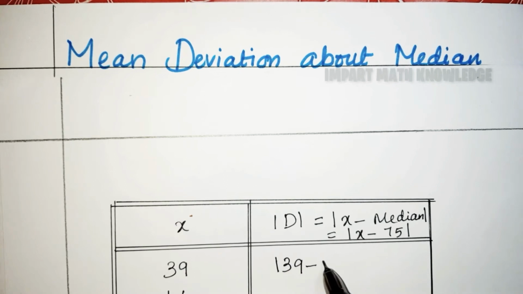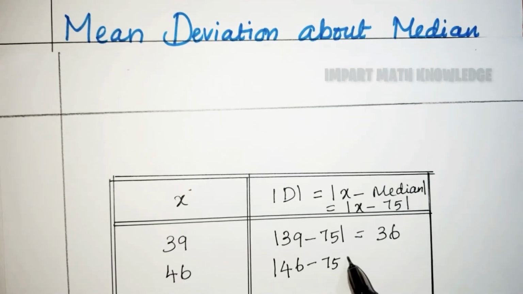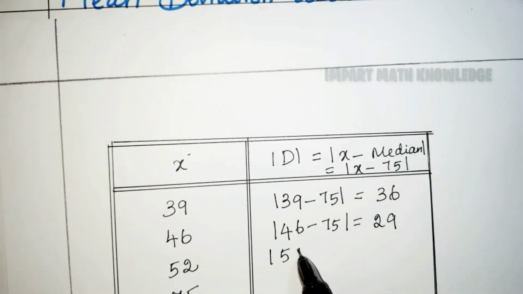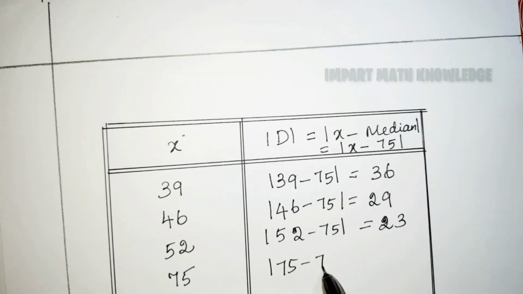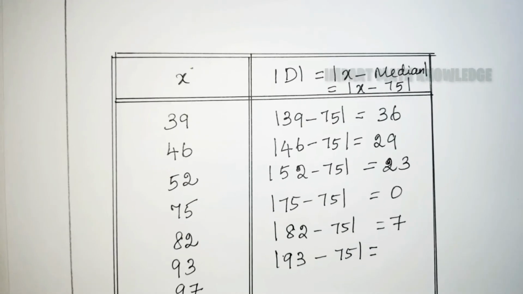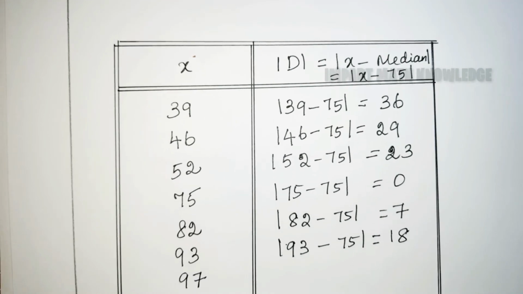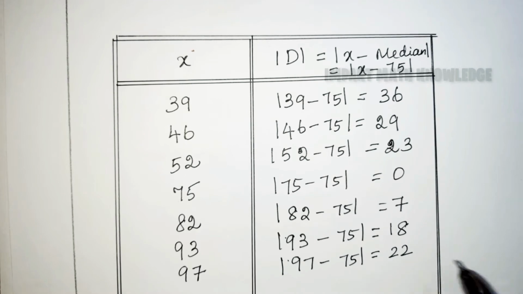Mod d is 39 minus 75. This is equal to 36. 46 minus 75 is equal to 29. 52 minus 75 is equal to 23. 75 minus 75 is equal to 0. 82 minus 75 is equal to 7. 93 minus 75 is equal to 18. 97 minus 75 is equal to 22.